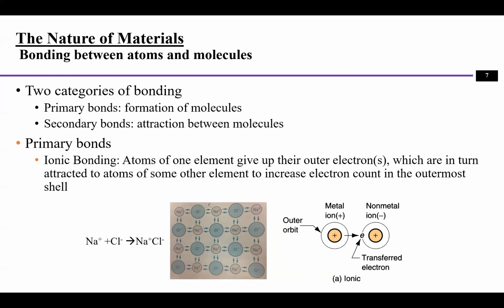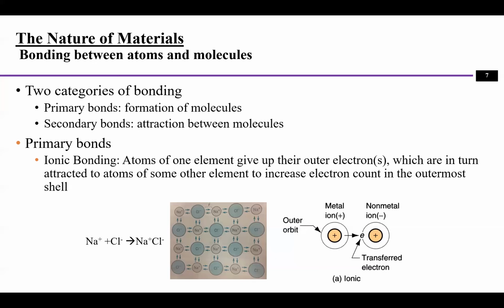ionic bonding. Ionic bonding are those in which atoms of one element give up their outer electrons because the outer orbit is not very stable. Then they can easily lose those electrons.